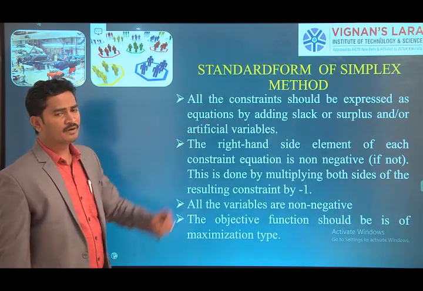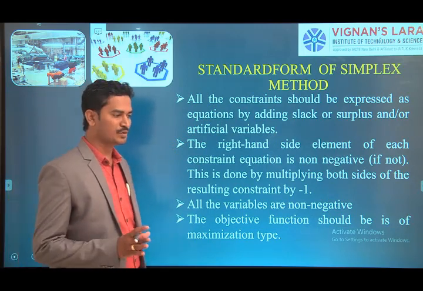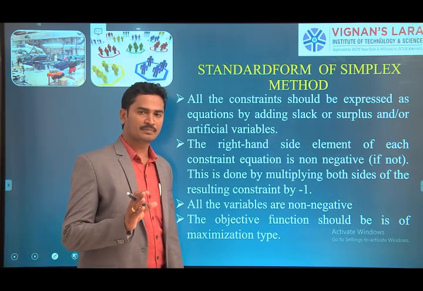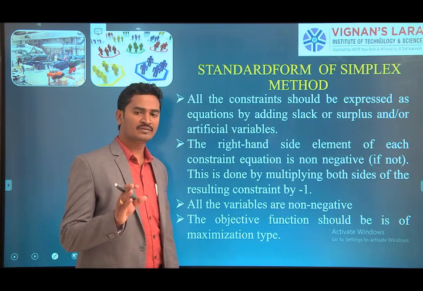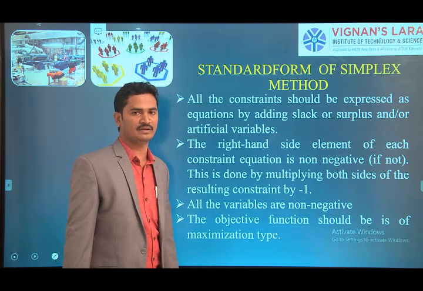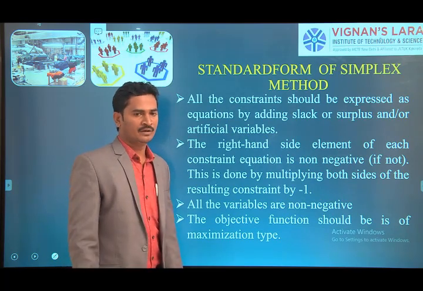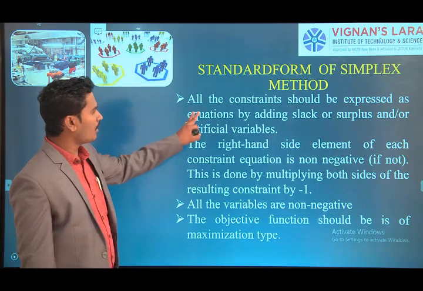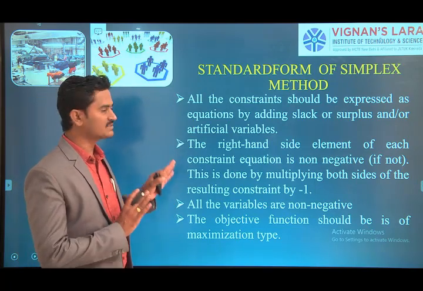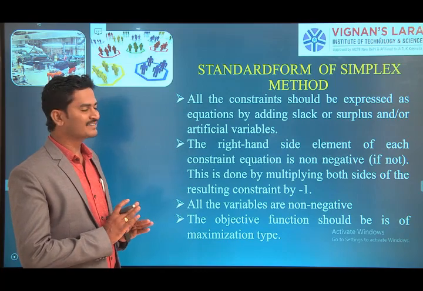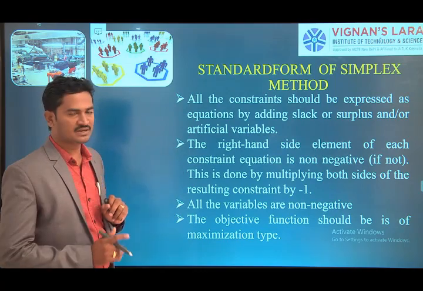Coming to the standard form of the simplex method, we have certain rules to apply the simplex method to the LPP model. The first rule is that all the constraints should be expressed as equations by adding slack, surplus, or artificial variables.